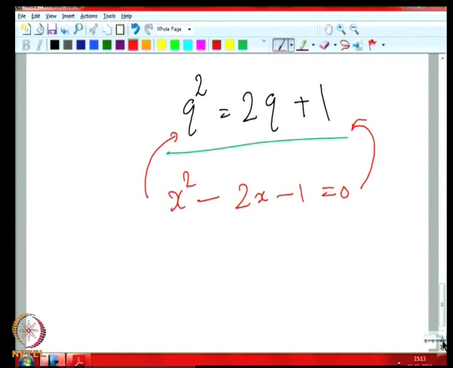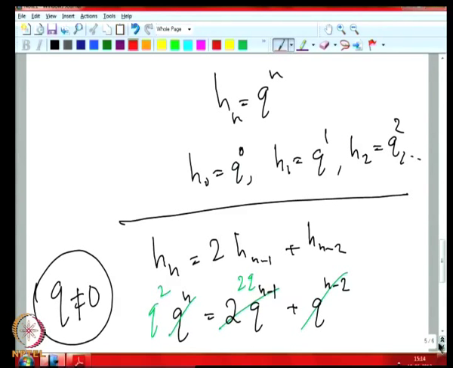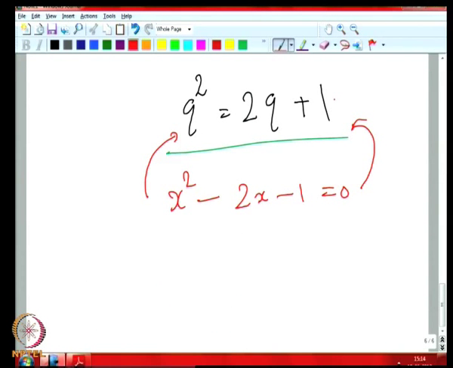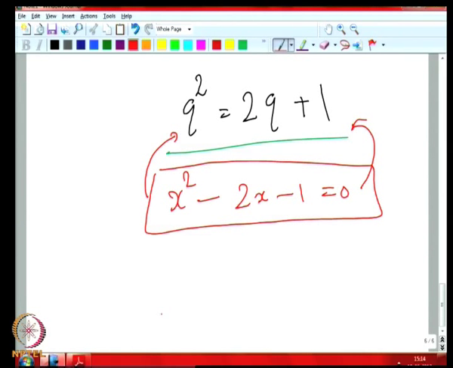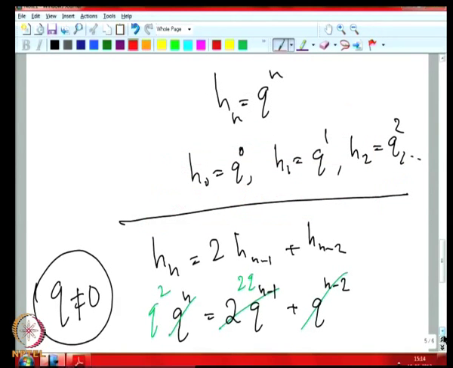Now you notice that by our argument, at this point we will say this is the characteristic equation of the given recurrence relation, and if a particular value satisfies this characteristic equation, then of course this is satisfied. That means q to the power n equal to 2 into q to the power n minus 1 plus q to the power n minus 2 will be satisfied.